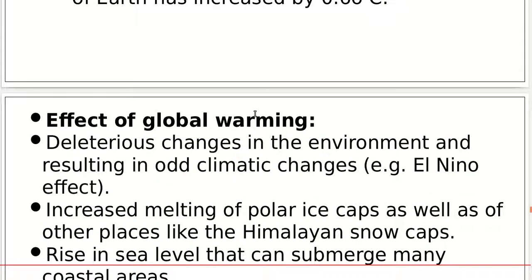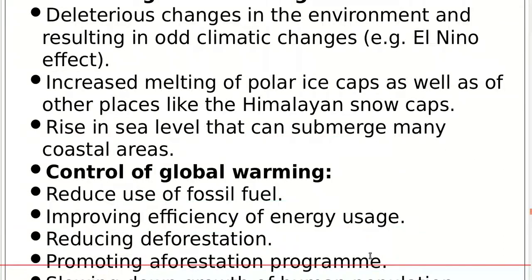The effects of global warming are that it can have deleterious changes in the environment and result in climatic changes. Examples are the El Nino effect, increased melting of polar ice caps as well as of other places like the Himalayan snow caps, and a rise in the sea level that can submerge many coastal areas.